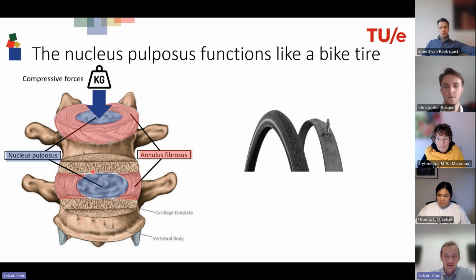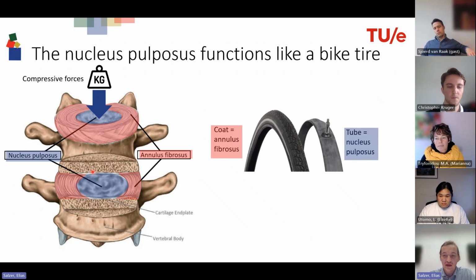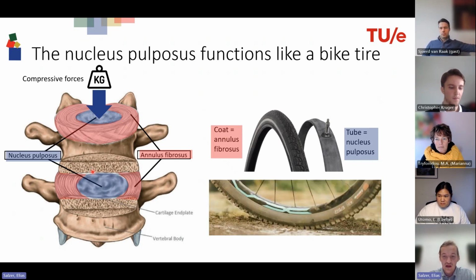So when we take the coat of a bike tire and compare it to the annulus fibrosus, then we can take the tube and name it the nucleus pulposus. Now we assemble the bike tire, we take the tube, place it inside the coat, mount it on a wheel and inflate it. And now you can imagine that if there are forces acting on the wheel, that these forces are evenly distributed because there's pressurized air in the wheel.